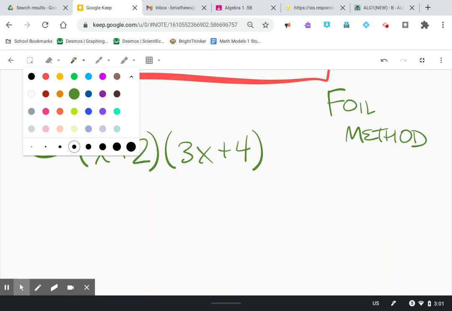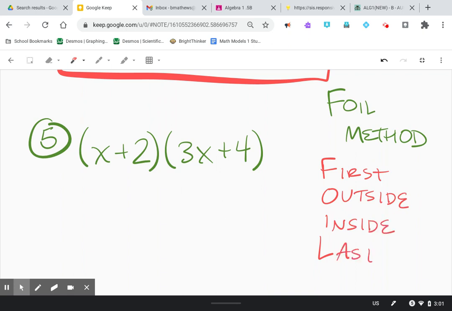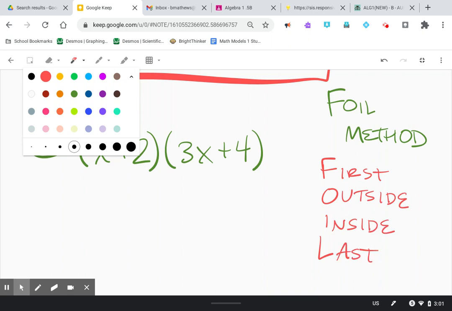The FOIL method stands for the following. F, O, I, and L stand for first, outside, inside, and last. And it refers to the different pairs of numbers in this expression.